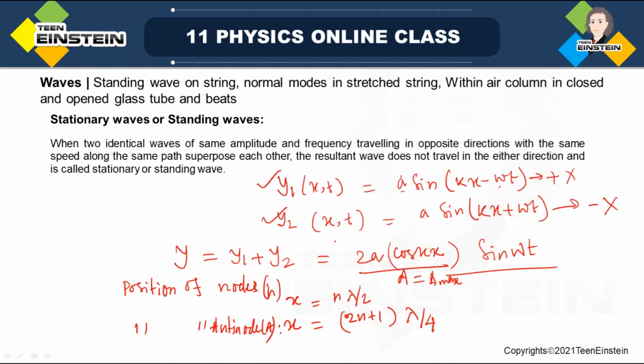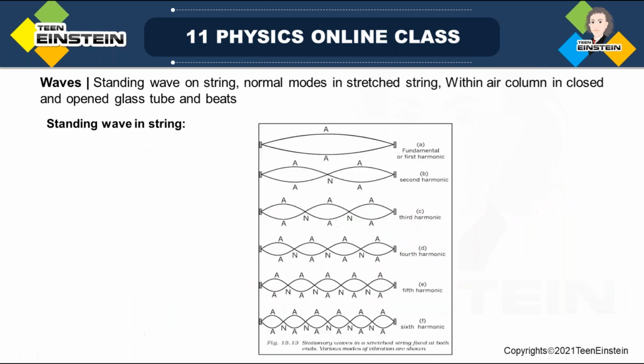standing waves created in a straight string, in the air column in a closed pipe or glass tube, and in an open glass tube. Here we are trying to analyze the various frequencies or modes, natural frequencies produced in a straight string.